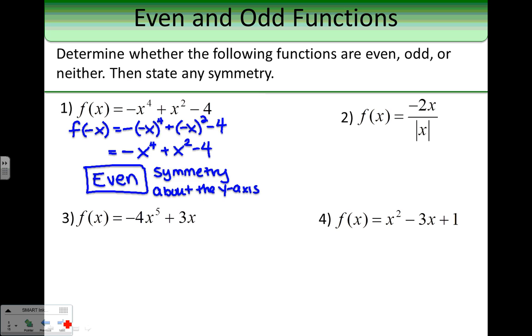Number 2, again, plugging in negative x to my function. Remember that a negative divided by a positive can be written as the entire function being negative. So this can be written as negative 2x over the absolute value of x, so the whole function is considered negative. And I'm going to plug in negative x here.